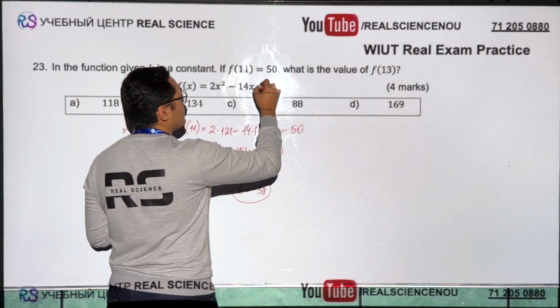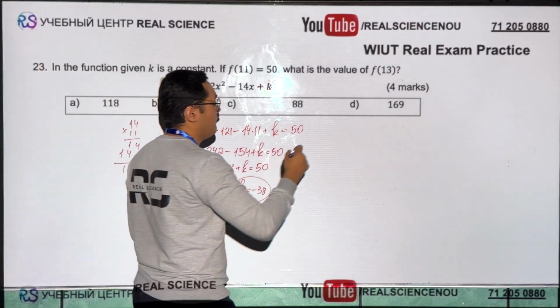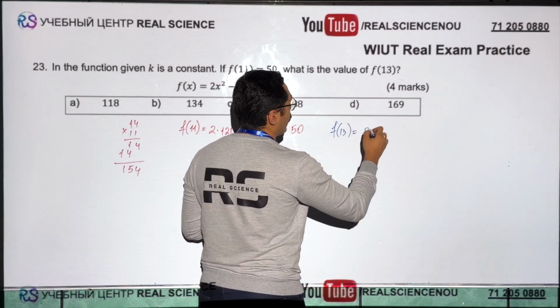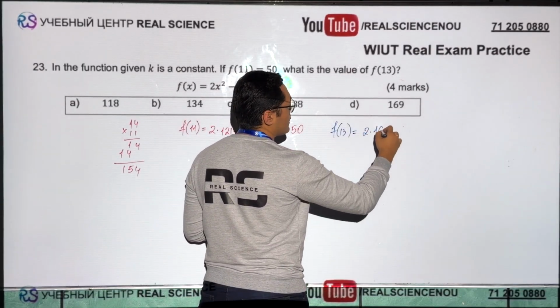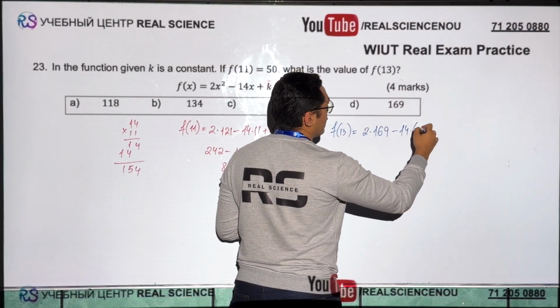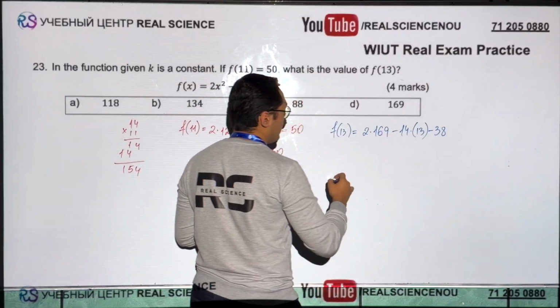Because we know that k is equal to minus 38, now let's find f of 13. F of 13 is going to give us 2 times 13 squared, which is 169, minus 14 times 13, minus 38. Now let's calculate that.